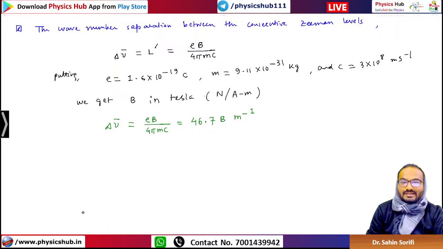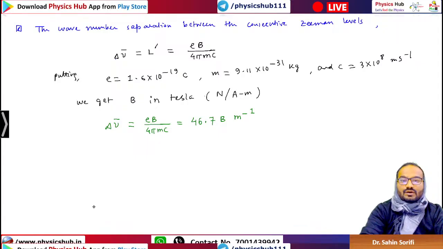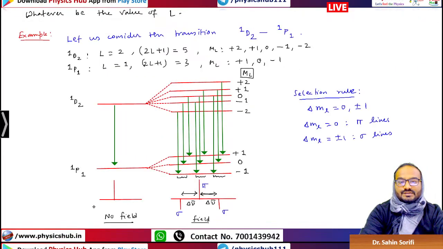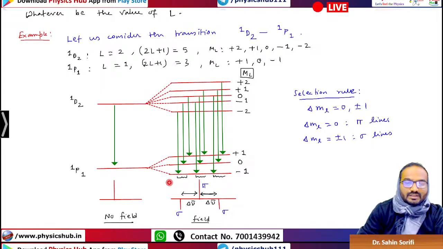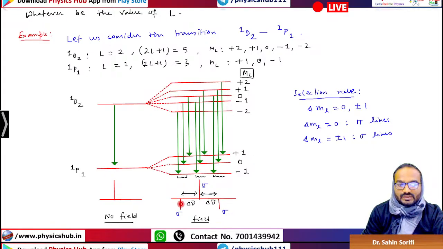Yes, there are nine transitions, but all these 3 transitions correspond to a single line. Whether you consider -2 to -1, -1 to 0, or 0 to +1, every time you are getting the same line at the same point. So effectively it is a triplet, but you get it as a single line.